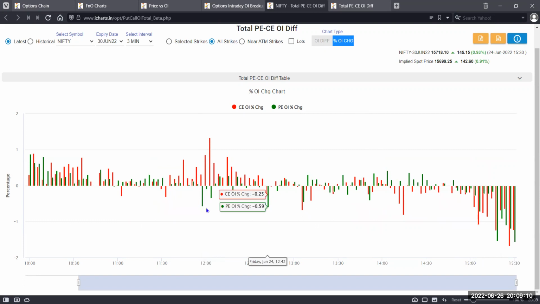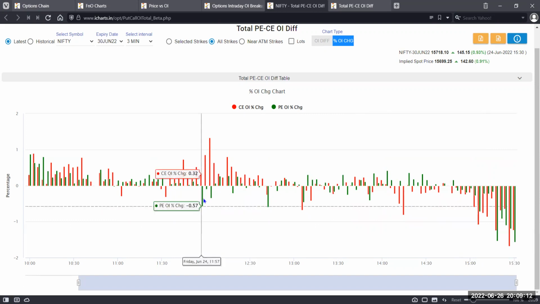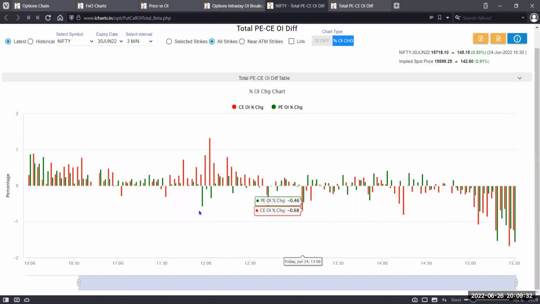On sideways days, you'll see very small percentage changes. This is the percentage here, and I like to see at least something more than 1%. So minus 1% here in case of unwinding. If it is not even minus 1%, then that does not carry much significance.